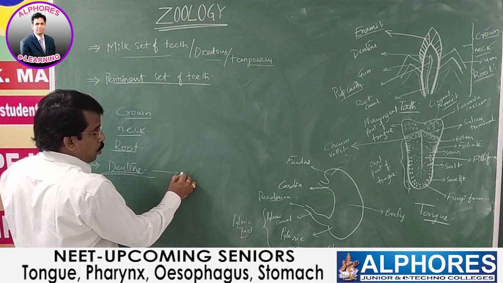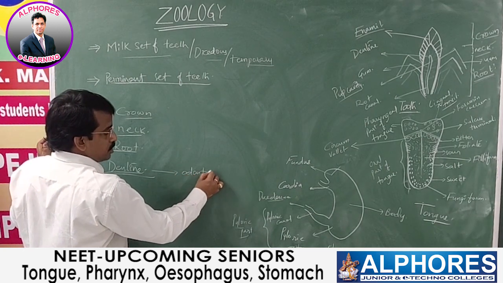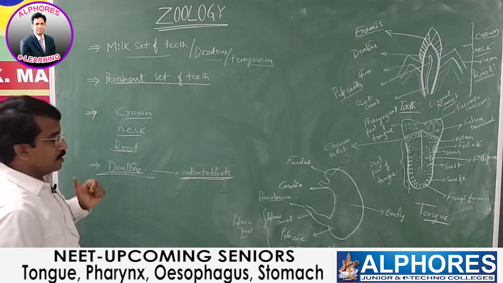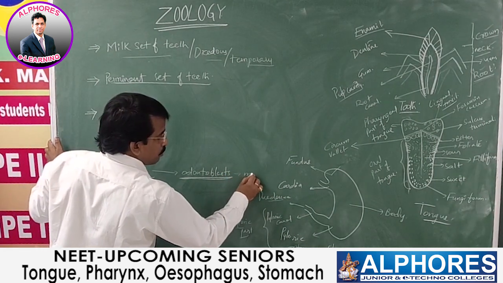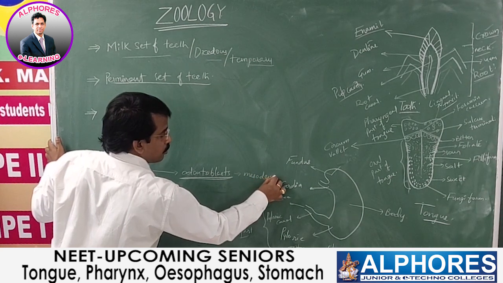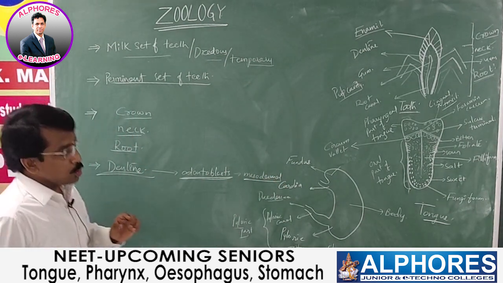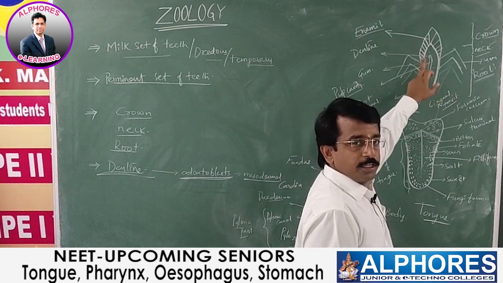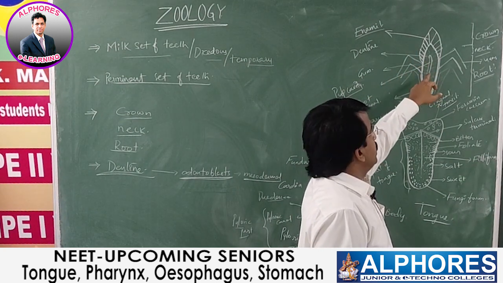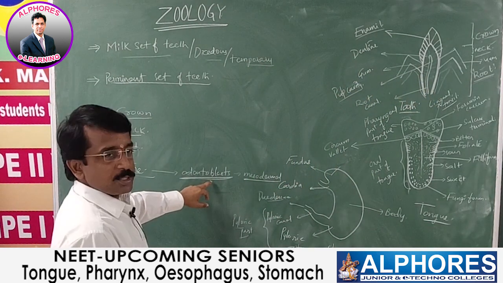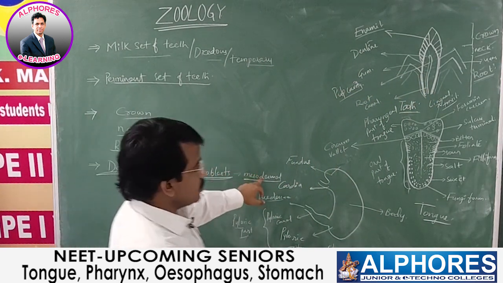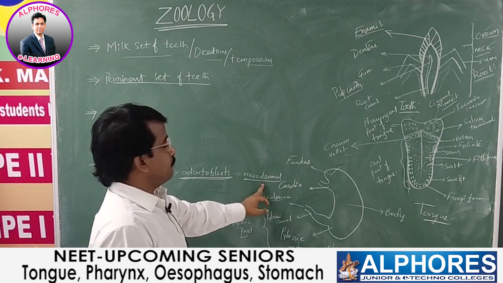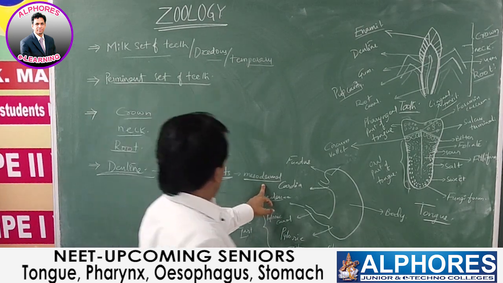Dentine is odontoblast in origin. It is formed from odontoblasts, and these are mesodermal in origin. So the entire tooth is made up of a chemical substance, the dentine, formed by odontoblast cells, which are mesodermal in origin.